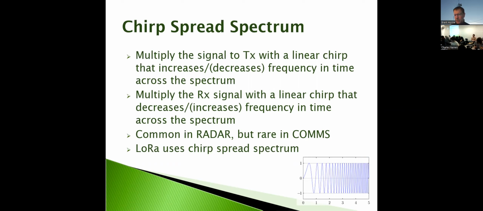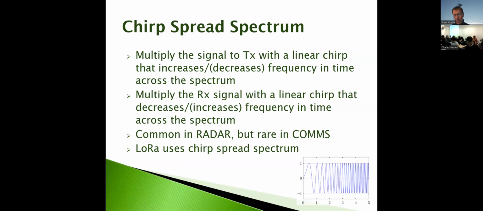So it looks like a sawtooth in the frequency versus time plot. At the receiver, you would multiply it by the opposite slope chirp, and then be able to recover it. So we just use the opposite slope.